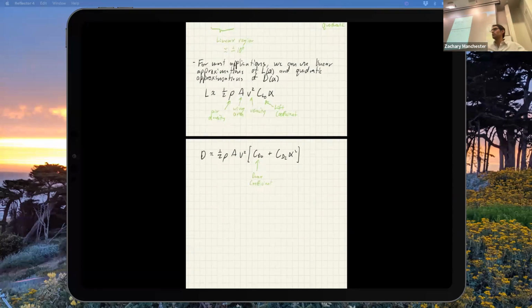Okay, what else is there to say about this? We talked about control surfaces, ailerons, elevators, rudders. The generic name for those is a flap. They're all called flaps. And what they do is just change the effective angle of attack when you change those control surfaces. So here's how you model that.